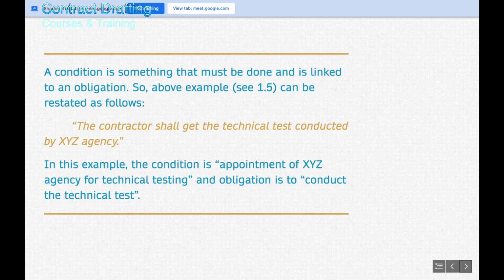Then they have to pay a certain penalty and then they can exit. So we have to think carefully about how to use the condition, and if we are using a condition, then what will be the consequence if that condition is not satisfied.